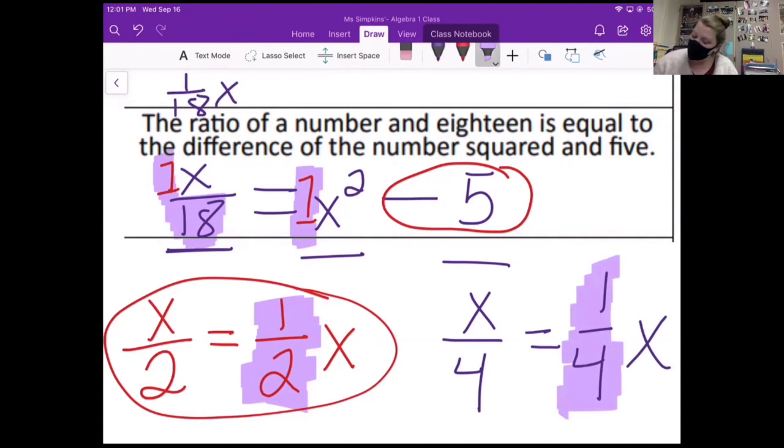So our coefficient there would be the entire, if I can get my highlighter to work, there we go, fraction of 1/18. You don't necessarily need to write it as 1/18 times x unless you really want to, as long as it's clear that you are highlighting that entire thing together. That's what I would like to see, okay?